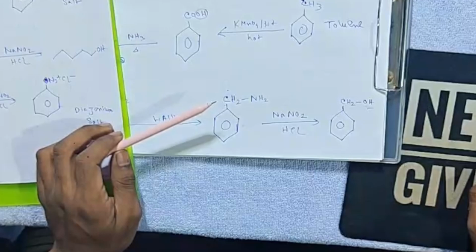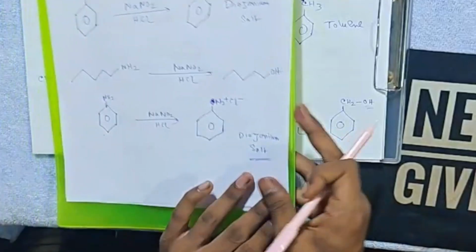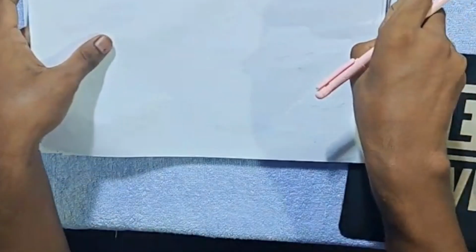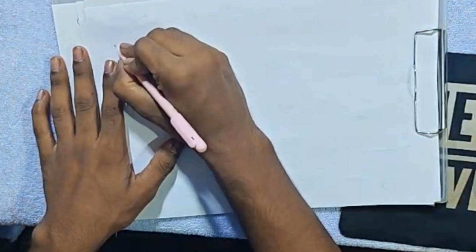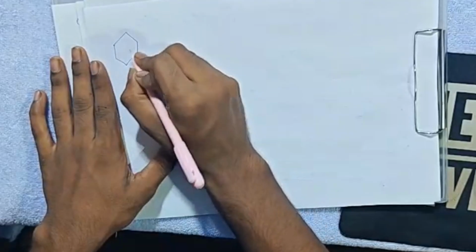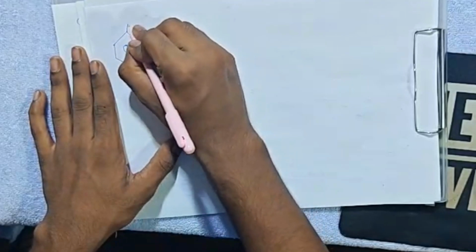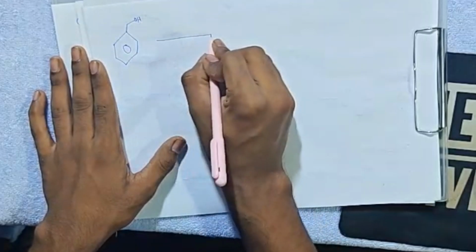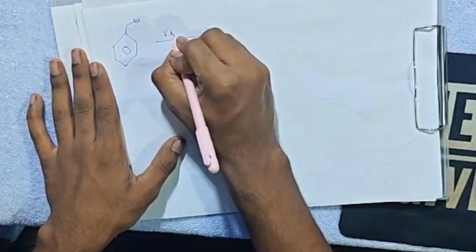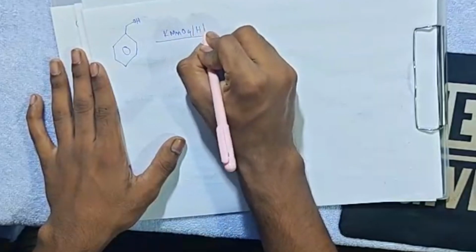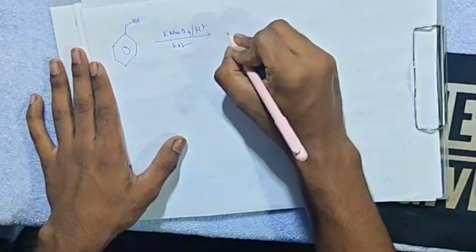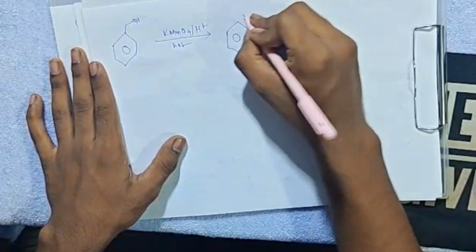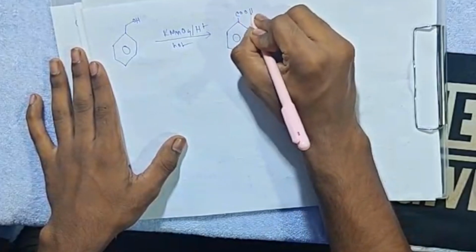Next, we all know that anything on the benzene, here on the benzene OH was present. Anything on the benzene, if you give hot KMnO4/H+, it will get converted to COOH.